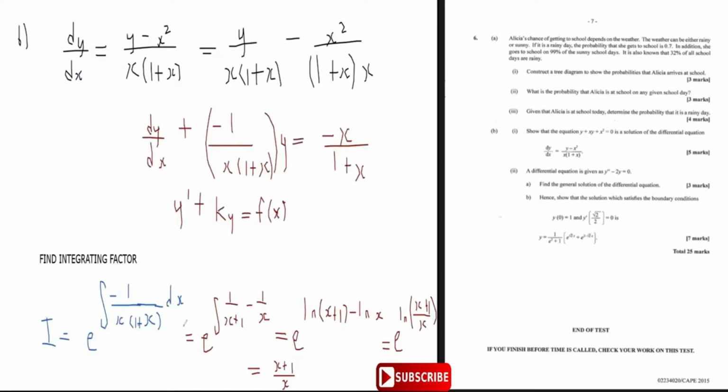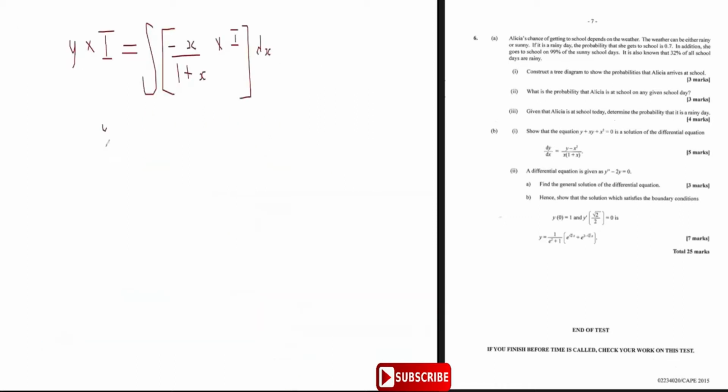That's our integrating factor I. And so what we get now is y times x plus 1 over x is equal to the integral of minus x over 1 plus x times x plus 1 over x.